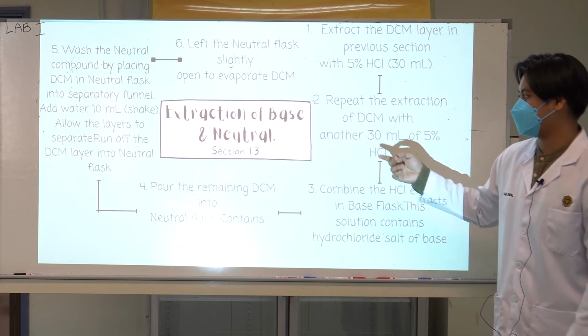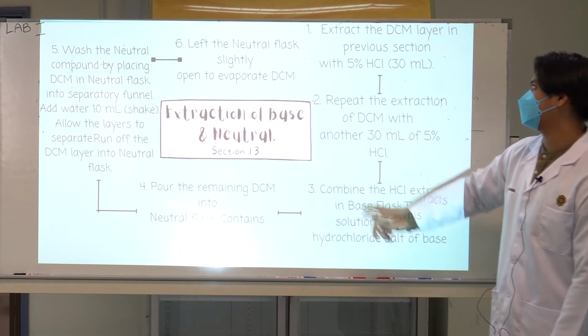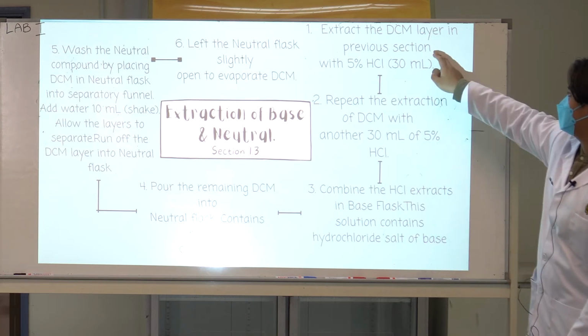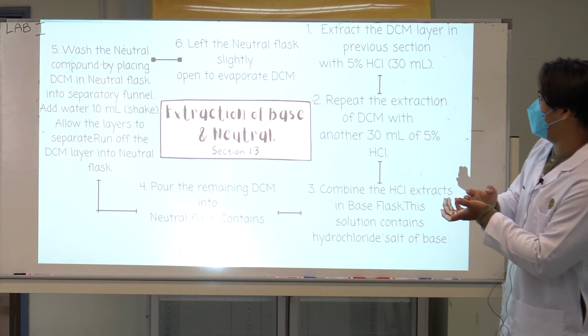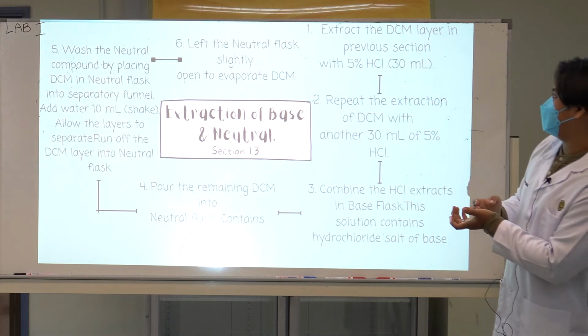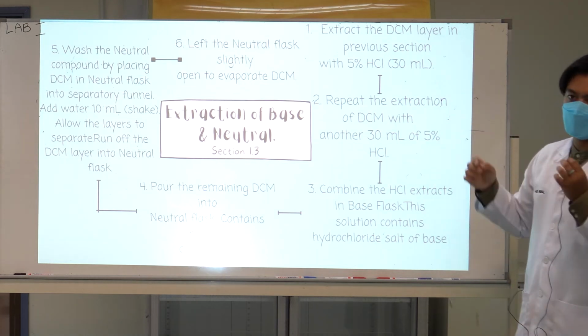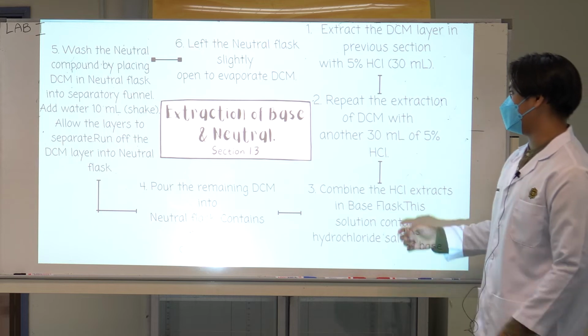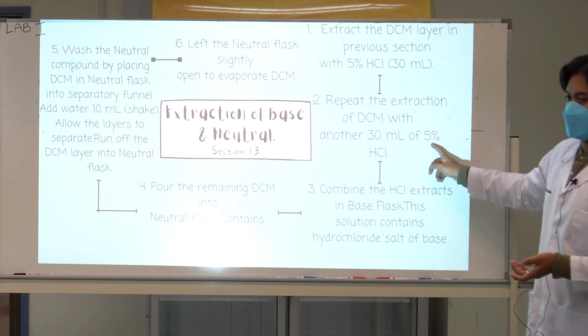Okay, the second one is extraction of base and neutral. We have a mixture flask with the DCM layer, and we extract the DCM layer with 5% HCl, 30 milliliter. And then we repeat the extraction of DCM with another 30 ml HCl.